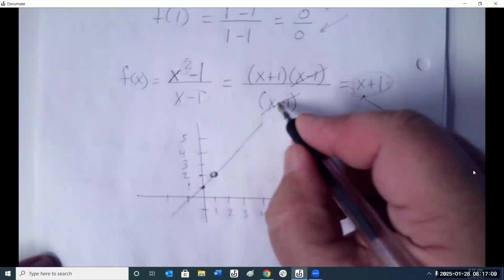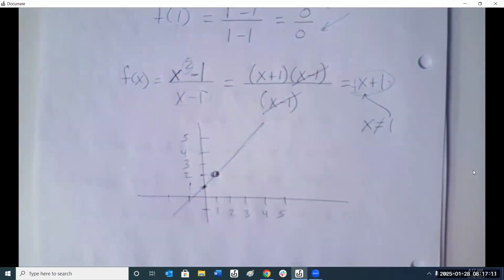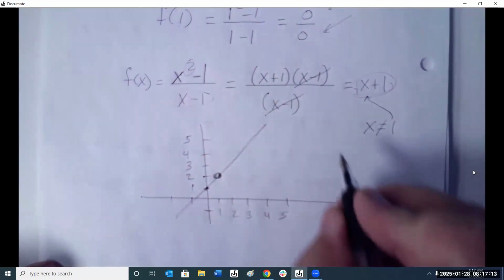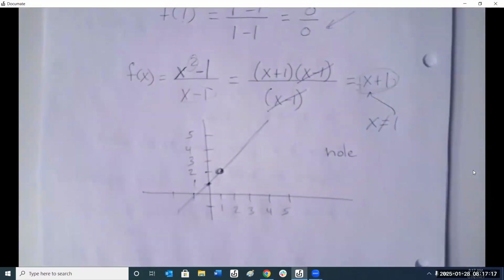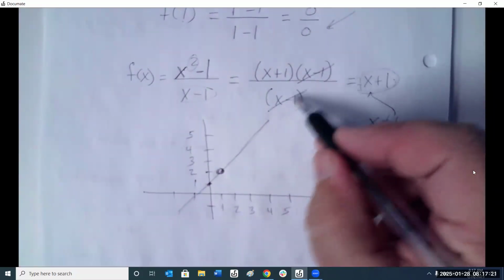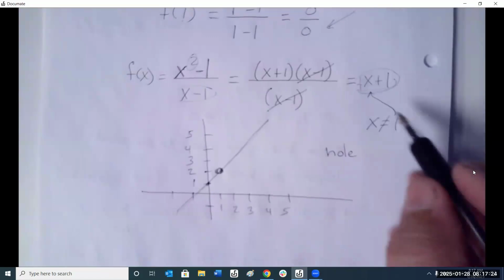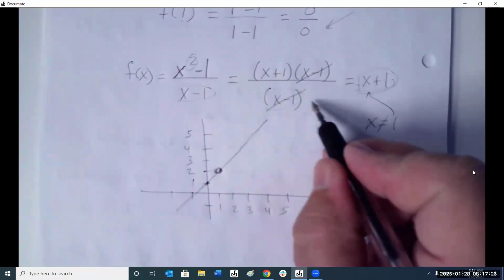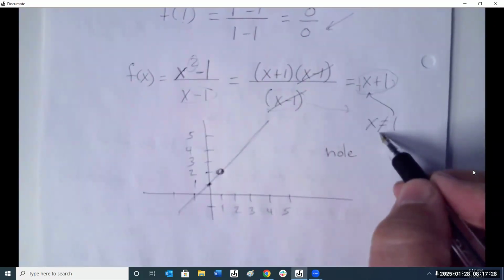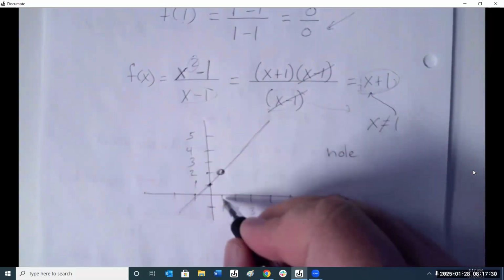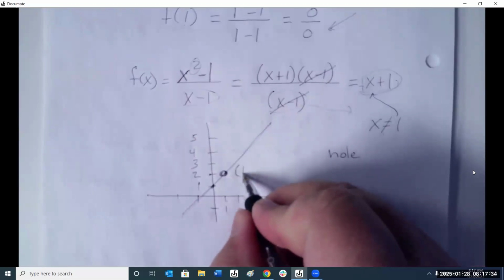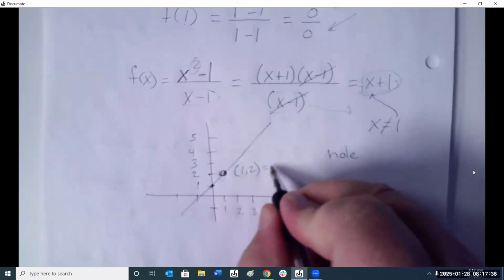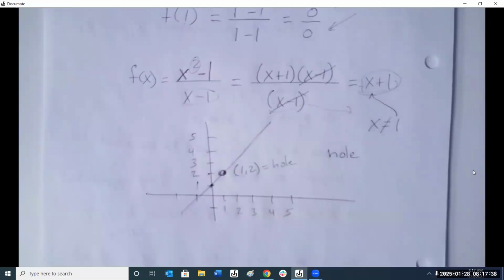When you have something the same in the bottom and top and you remove it, that's called a hole. Because I removed x minus 1 from top and bottom, and since I cannot use 1, if I plugged it in there, 1 plus 1 is 2. So the point (1, 2) is a hole.